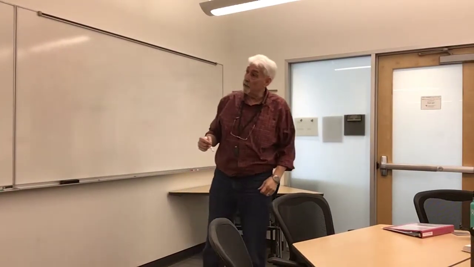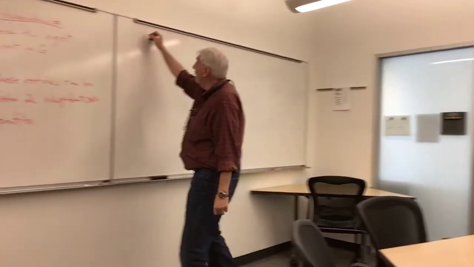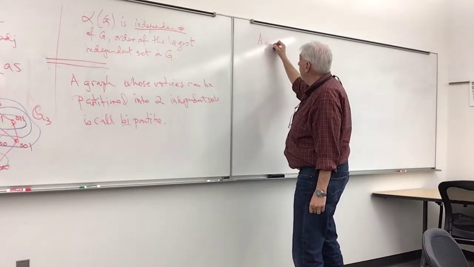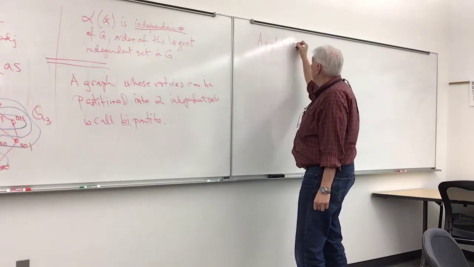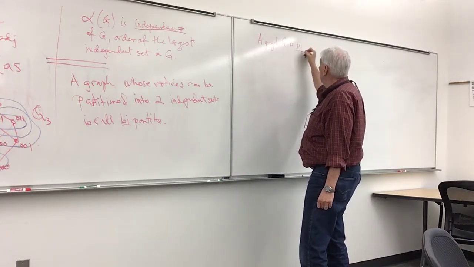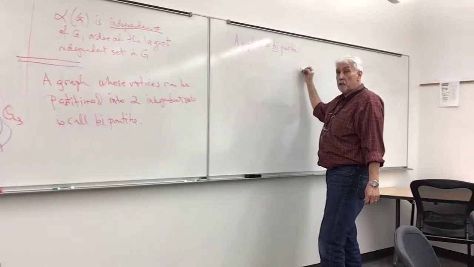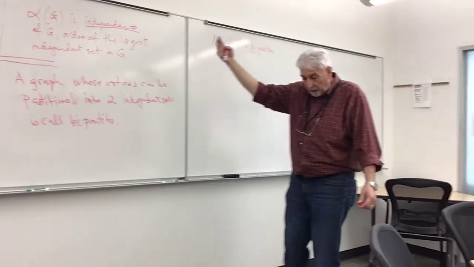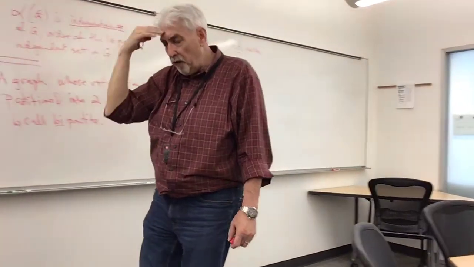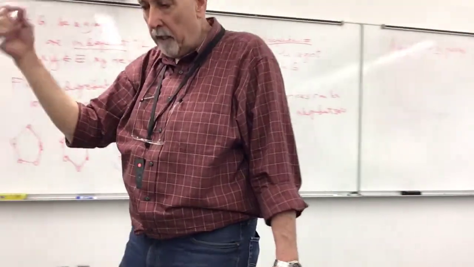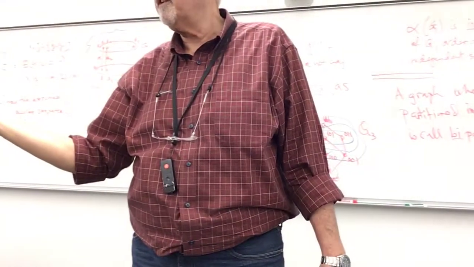I don't think I've done this yet, right? A graph G is bipartite. So you have a graph G. Remember, when I say a graph G, you're thinking, without me telling you, vertices and edges.